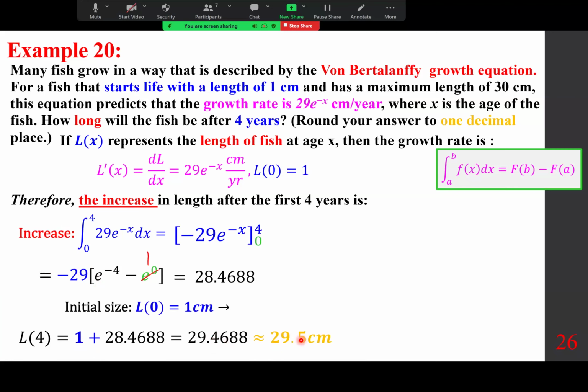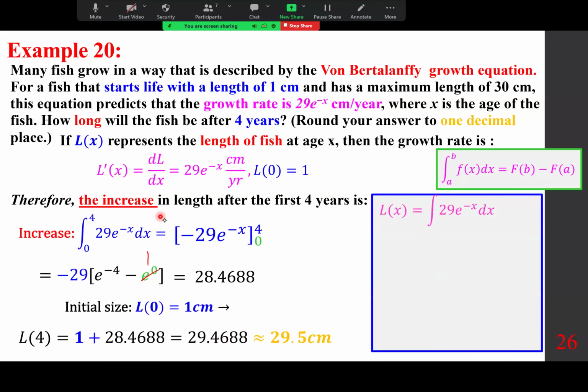Now, one other way is to find the indefinite integral and use the initial value to find the constant. So since this was done here, the answer is this one, plus a constant with L of 0 equals 1. If you replace x with 0, L of x becomes 1.